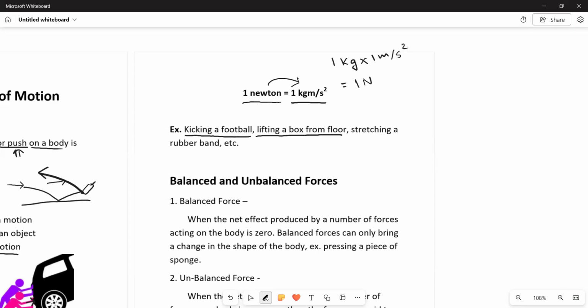There is again one more example: stretching a rubber band. To stretch a rubber band, you will also need some force, and because of this force there will be a change in the shape and size of the band, right? So these were the examples of force along with the effects which I have discussed.